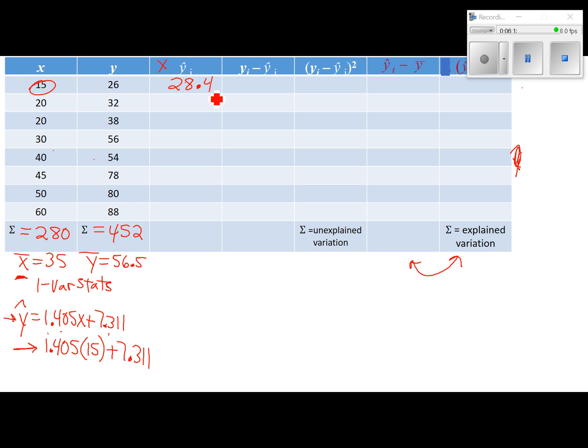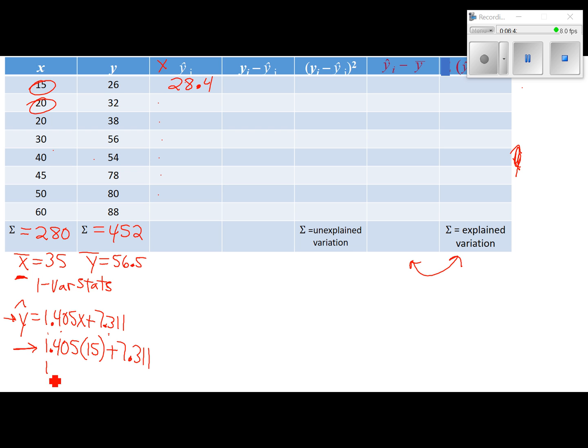The answer I got is not exactly the same as theirs. Mine's a little off from theirs, just for the simple fact that I rounded a whole lot more than they did, because I want you to know how to do this stuff basically. We're not being real precise right at the moment. Then next, I'm going to plug in the next x.